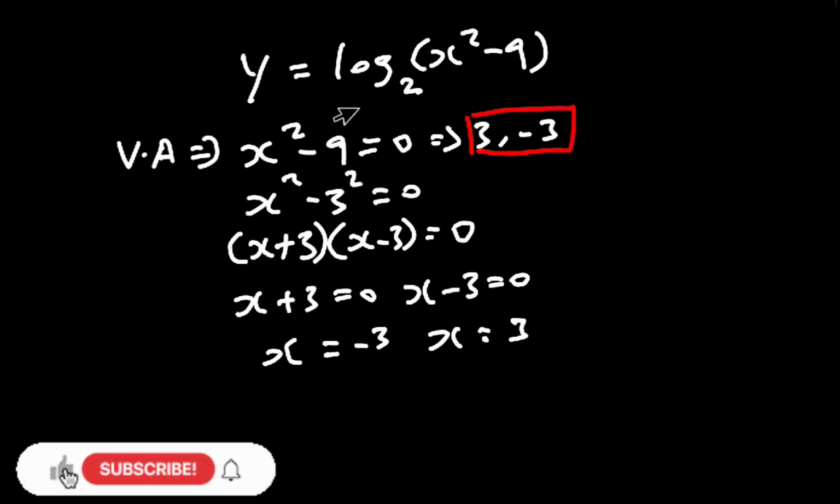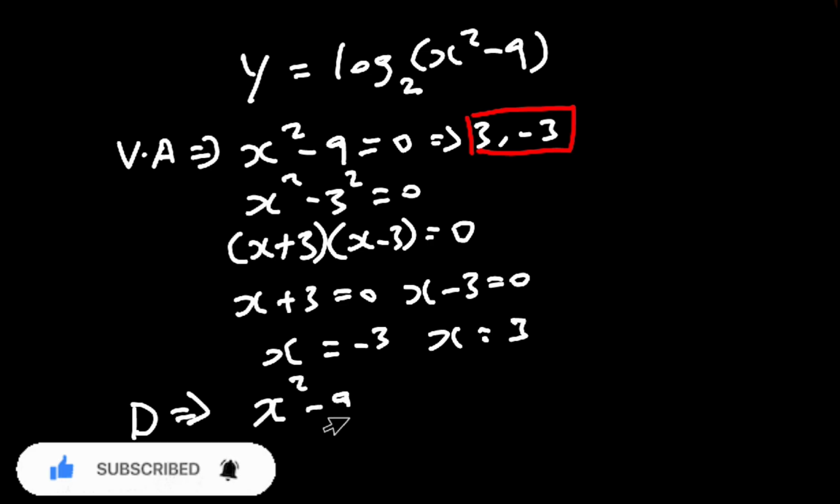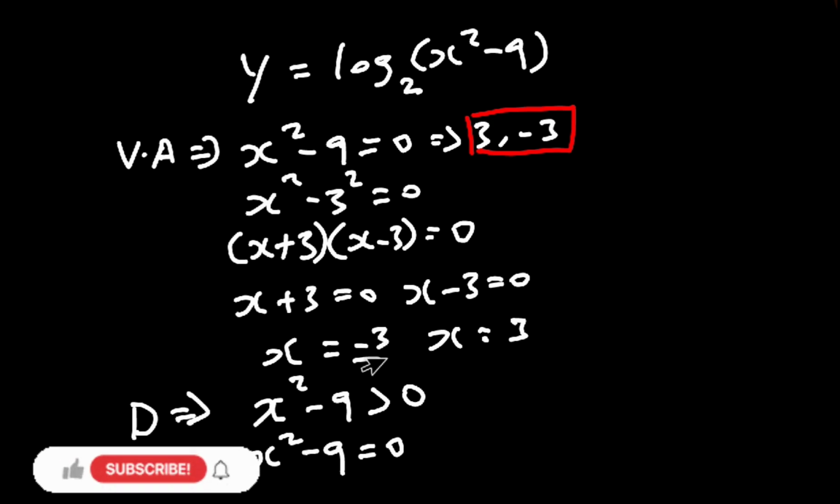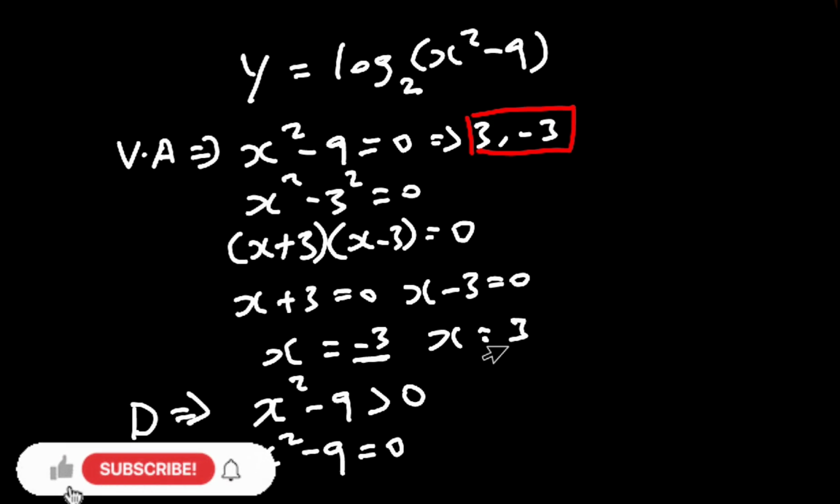Next thing is to find the domain of this function. To find the domain, we set the inside to be greater than 0. So we have x squared minus 9 is greater than 0. Let's find the critical values first. The critical values can be found by equating this to 0 and solving for x, which is what we have gotten here: x equals negative 3 and x equals positive 3.